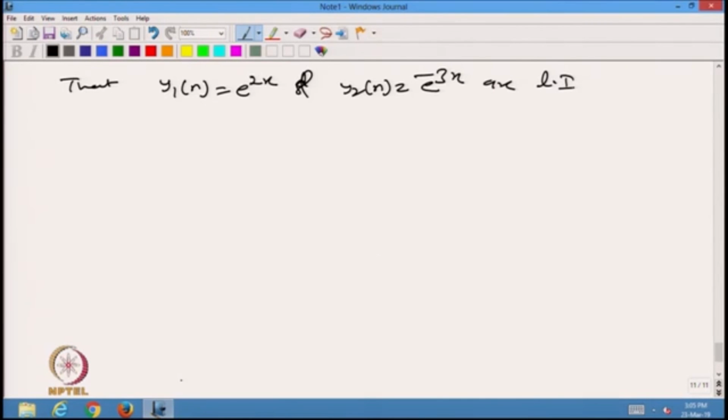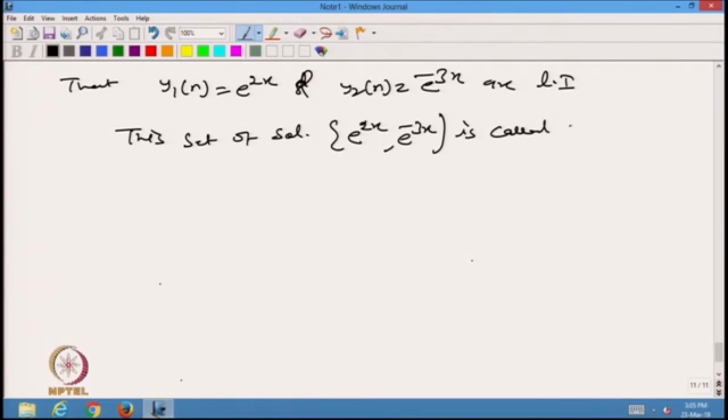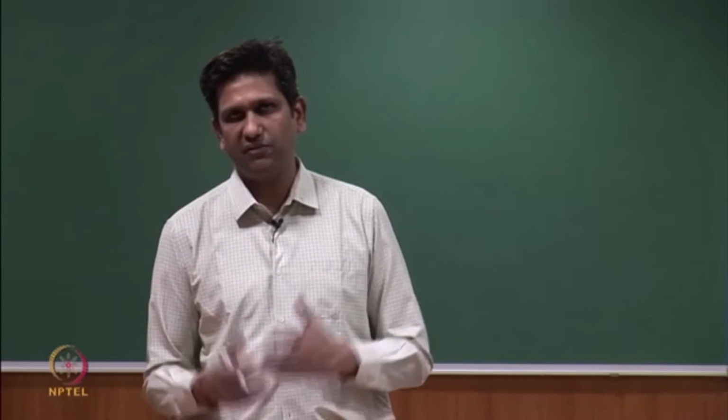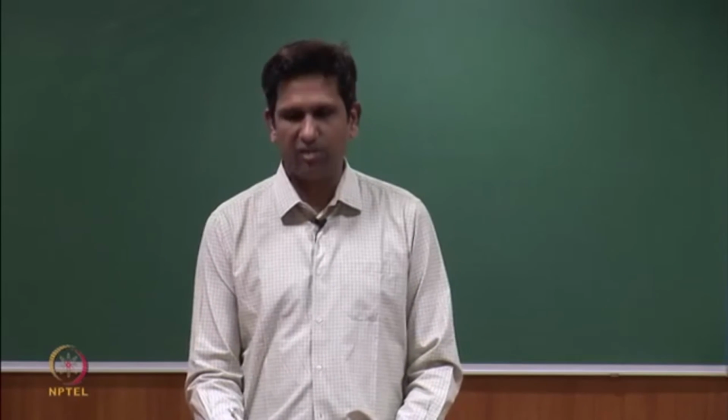If they are linearly independent, then this set of solutions, e^(2x) and e^(-3x), is called the fundamental solution of the given differential equation. Fundamental solution means that any other solution, if available, will be a linear combination of only these two.